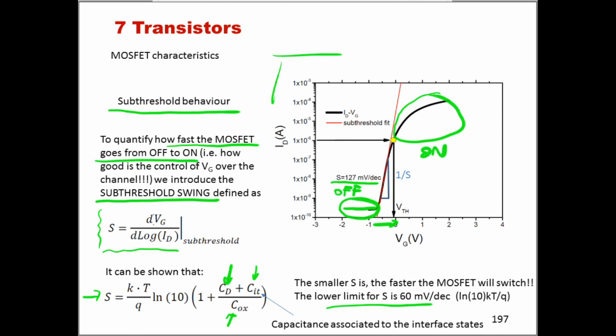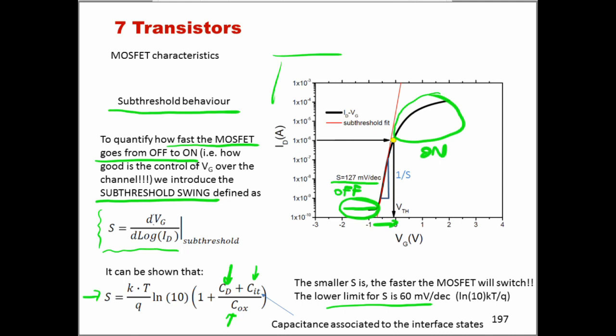This term fast is meant in the sense of how many volts I need to change Vg in order for the transistor to go from off to on or from on to off. This is the meaning.